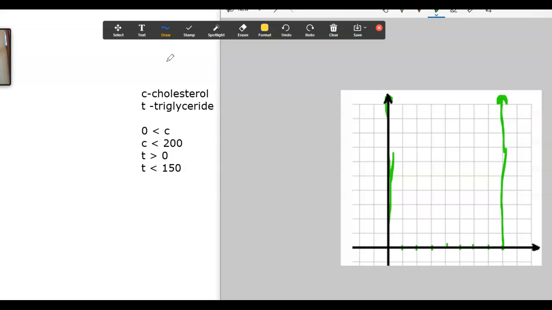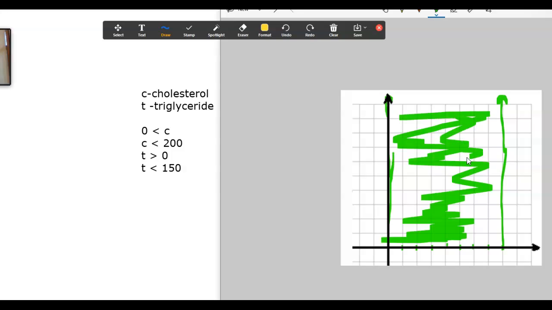So cholesterol is going to be between those two values. Does that make sense? Yeah. And then the triglyceride, following that same idea, would be 25, 50, 75, 100, 125, 150.